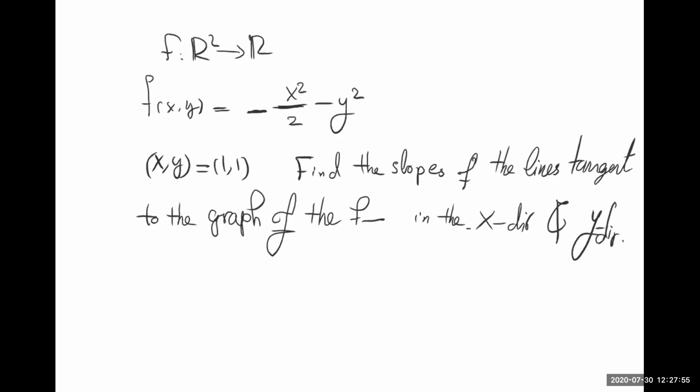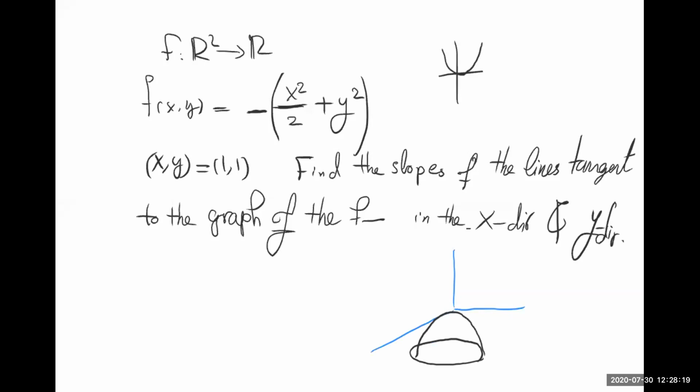That's the question. Okay, so I can sketch the graph of this function. It's kind of like x squared plus y squared, but it has a negative, right? It's minus x squared over 2 plus y squared. So it's a paraboloid, but it's minus that. Just like y equals x squared looks like this, and y equals minus x squared looks like this.